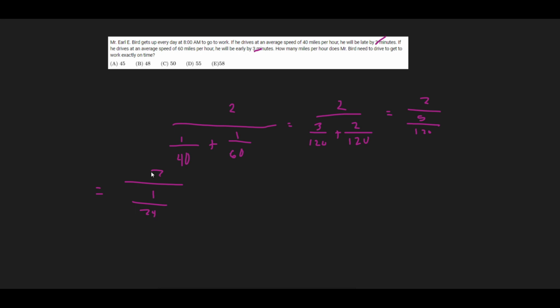Just to rewrite it for clarity, we have 2 divided by 1 over 24. For dividing fractions, we take the reciprocal and multiply.